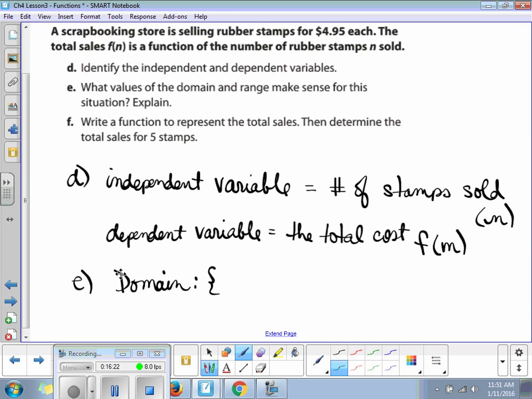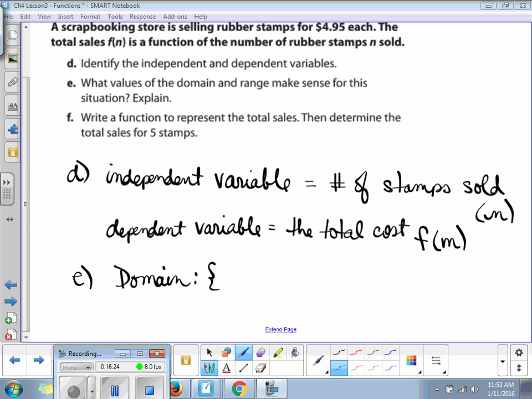We can't put decimals or fractions because we can't sell half or 25% of a rubber stamp, right? So we can only sell 1, 2, 3, 4. So those are positive integers.